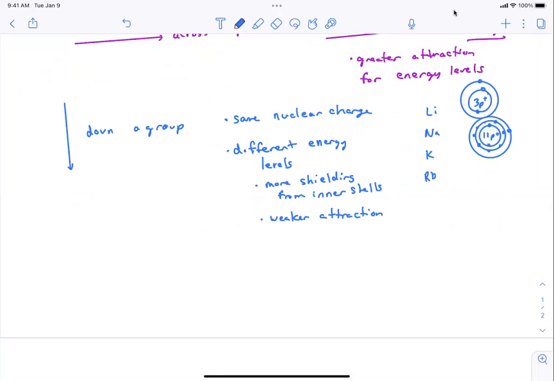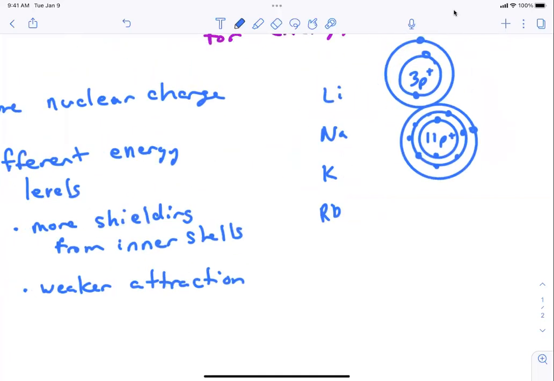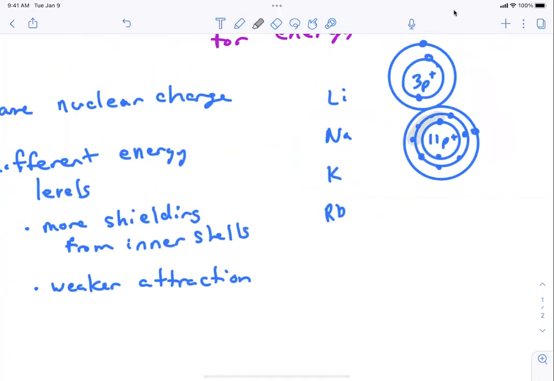Okay. So although lithium has one effective proton pulling on its outside shell, and sodium has one effective proton pulling on its outside shell, the fact is that sodium's inner electrons here block some of that attraction from reaching that one electron.